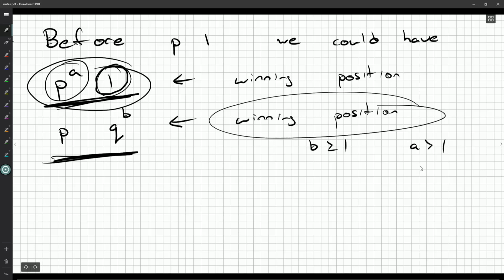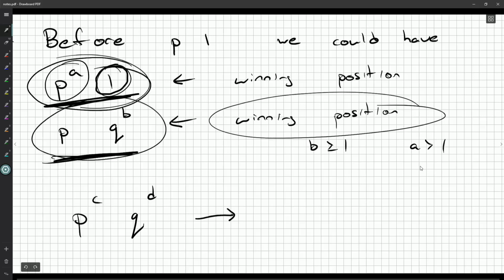So the idea behind a losing position is, whatever losing position they have, let's use a C and a D so we don't get confused with our indices. A losing position would then be forced to go to one of these two positions here.